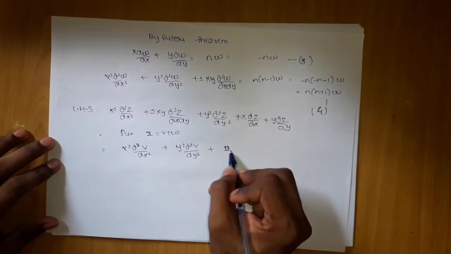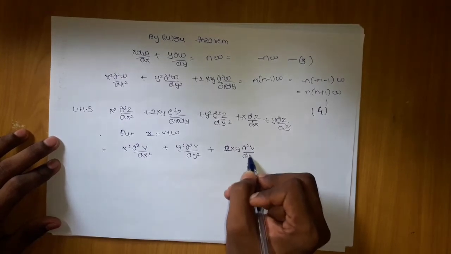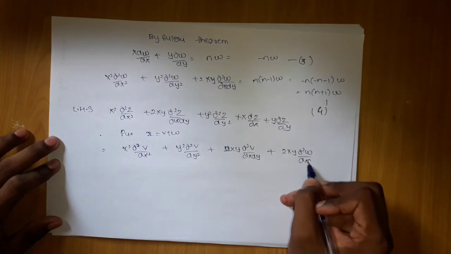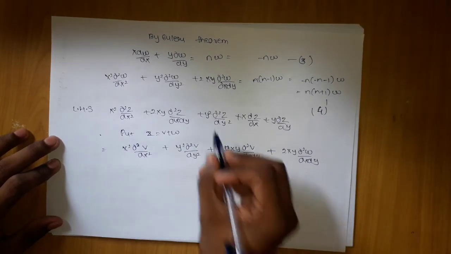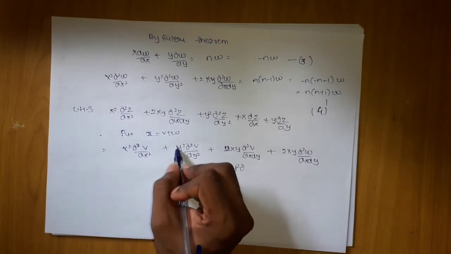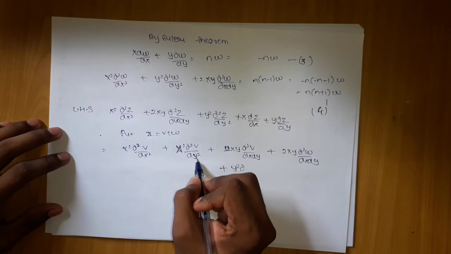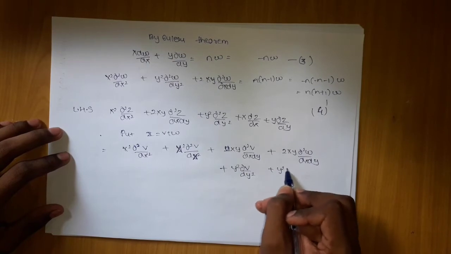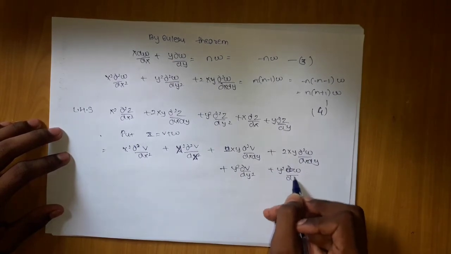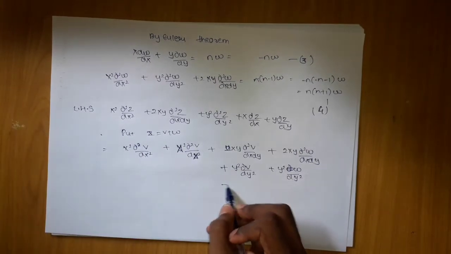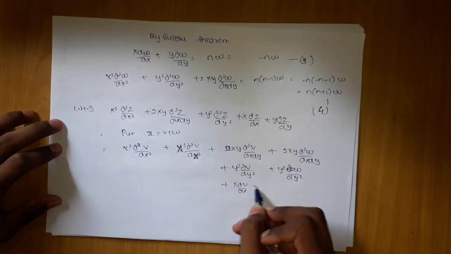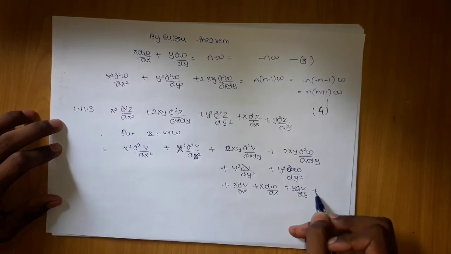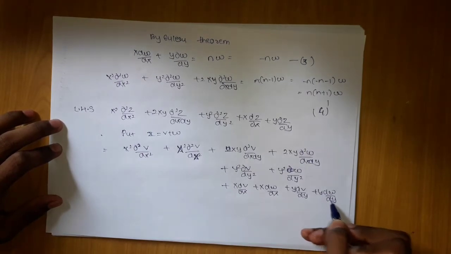Now with this one we are left with 2xy dou square v by dou x dou y plus 2xy dou square w by dou x dou y plus, here we are left with x square dou square w by dou x square, and here y square dou square w by dou y square, and last thing x dou v by dou x plus dou w by dou x, y dou v by dou y plus dou w by dou y equals to what?